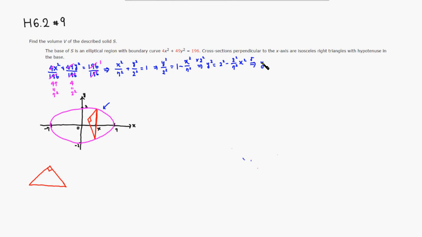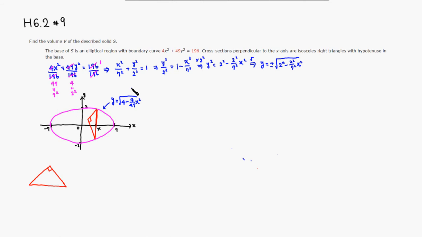Then y is going to be plus or minus the square root of 2 squared minus 2 squared over 7 squared x squared. So this guy is going to be y equals the square root of 4 minus 4 over 49 x squared.